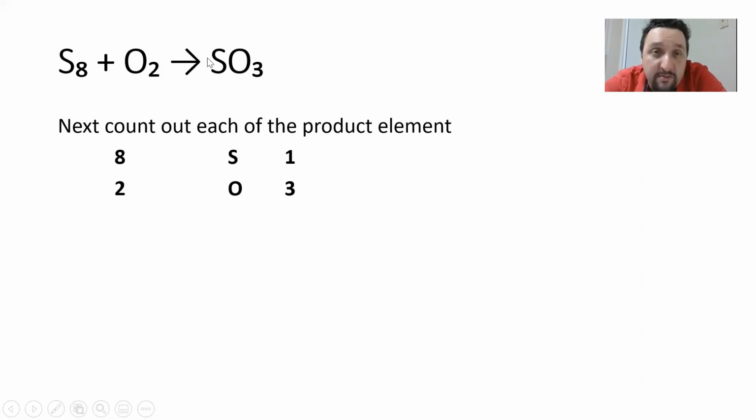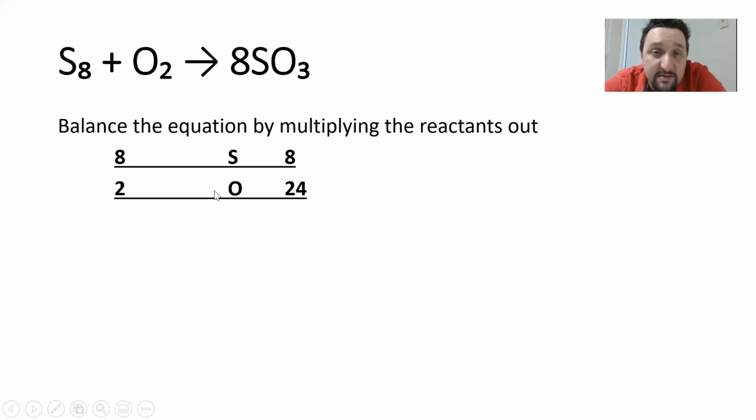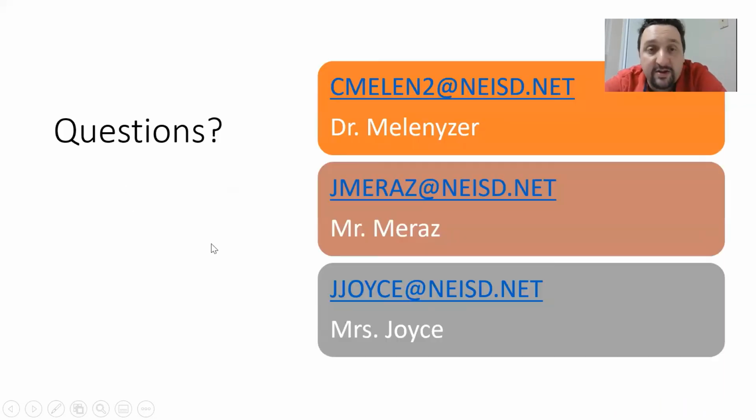So let's start out by multiplying sulfur by 8. That gives me 8 sulfurs and 24 oxygens. Hey, all I have to do now is figure out how many oxygens I need. Well, I have O2, so I need 24. How about 12 O2s? And that balances our problem.